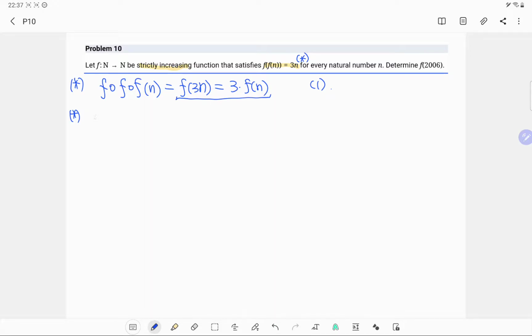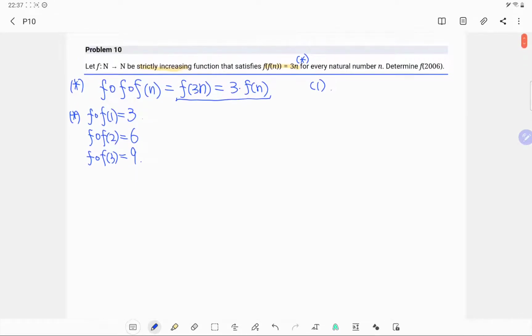Let's substitute n = 1. We have f(f(1)) = 3 times 1, which is 3. Then n = 2, we have f(f(2)) = 3 times 2, which is 6. And then f(f(3)) should be 3 times 3, which is 9. Maybe that's quite enough for the moment.